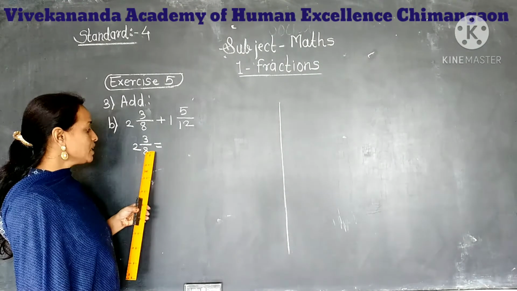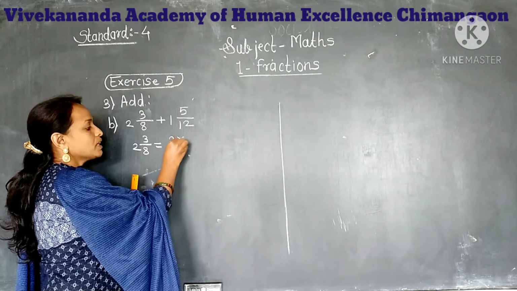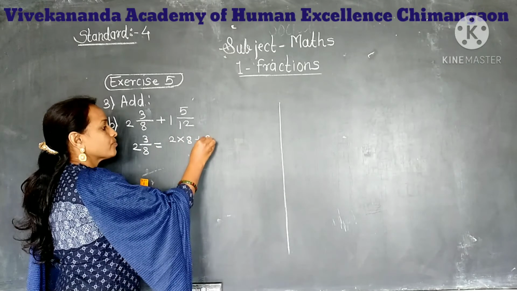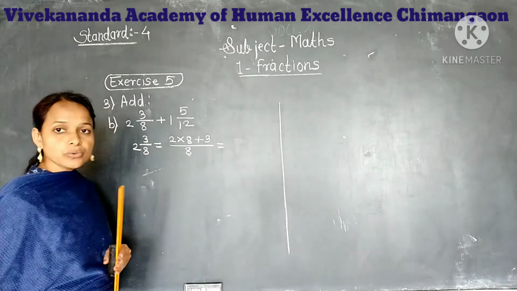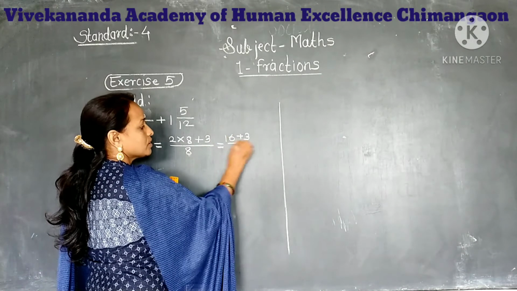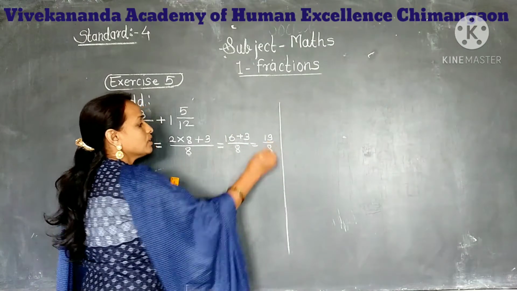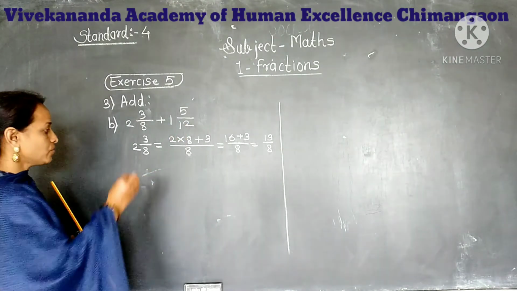We multiply the denominator with the whole number: 2 multiplied by 8 and add numerator 3 upon 8. 2 eights are 16 plus 3 upon 8, we get 19 upon 8. Next fraction is 1 5 upon 12.